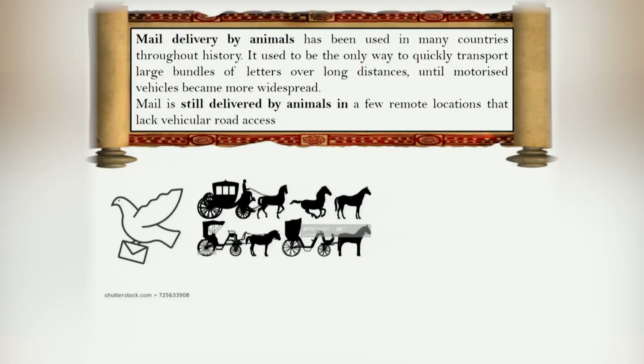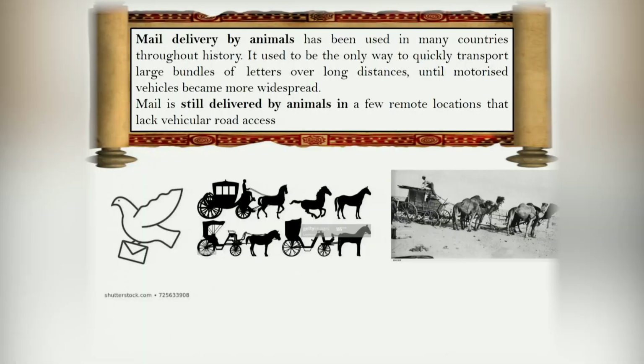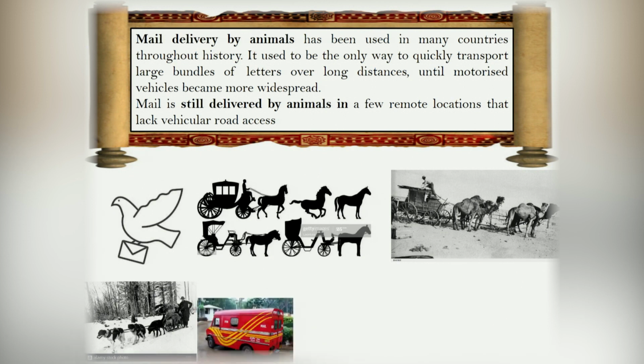Here you can see that in the olden days the pigeon was used as a post carrier, and later on we evolved to the horse, which carried the letters to different parts of the country and different regions. Later, in some parts of the country, even camels were used to transport the letters. In colder regions like Antarctica, where the snow cover is too thick, dog sleds are used to transport the letters.